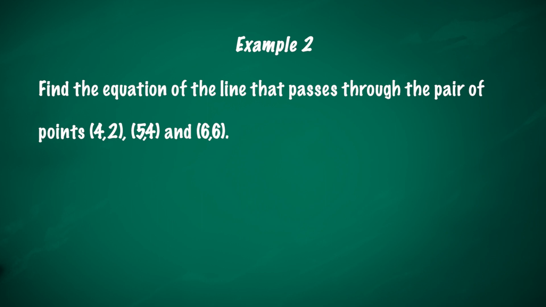Next example, find the equation of the line that passes through the points (4, 2), (5, 4), and (6, 6). Again, all we need is 2 of the points. We're going to first calculate the gradient and then select any one of the points to substitute it in the formula to calculate the y-intercept.